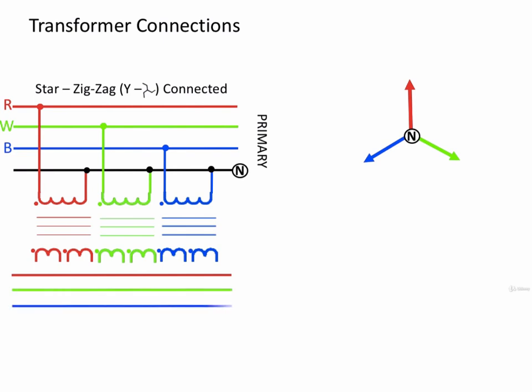The secondary of the transformer is made up of two windings on each phase. One set of these windings are connected the same as the previously studied secondary star connections. One terminal of the secondary terminals are connected to the low voltage system.